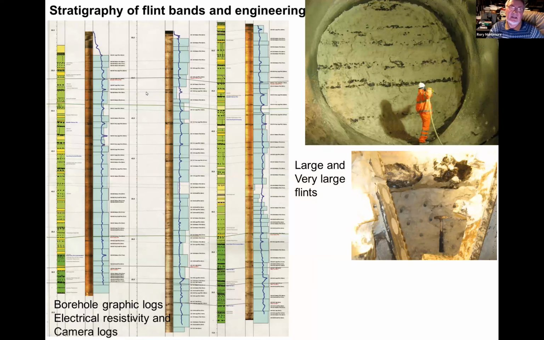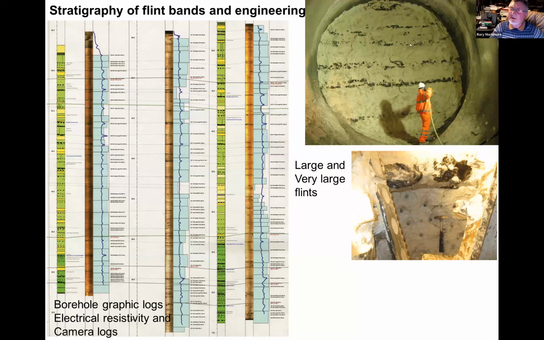Here we did the same thing under London for most of the tunnels in London, and here it's gratifying to see this because these are my original borehole logs for some of these boreholes, and I picked up the big flints, and then when the camera logs were put down, you can start to pick up the big flints again, and then the electrical resistivity logs also started to show the same flint band.